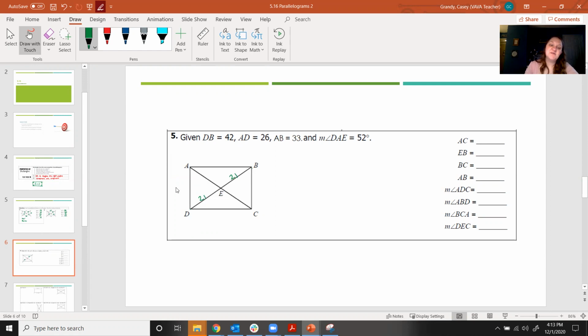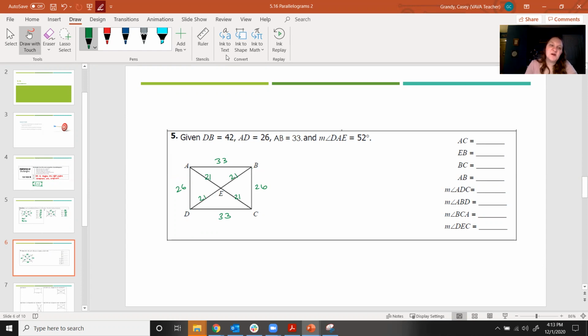AD, that's here, is 26. Opposite sides of a parallelogram are congruent. AB is 33, so this is 33. Oh, the diagonals are congruent. So if BD is 42, then AC is 42, which means each of these small pieces is also 21.